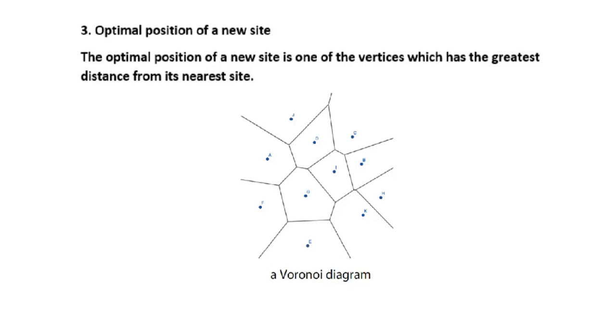Today's video is about the optimal position of a new site in a Voronoi diagram. The optimal position of a new site is one of the vertices which has the largest distance from its nearest site.